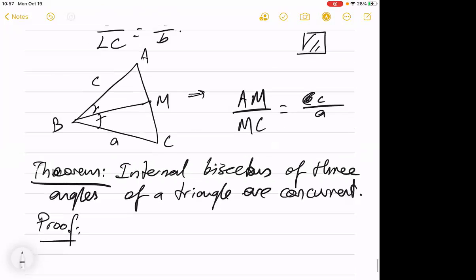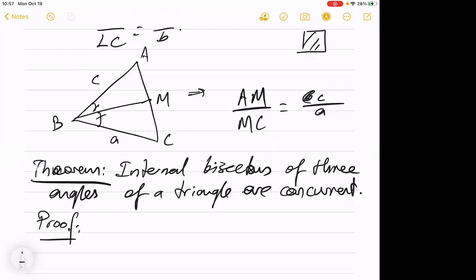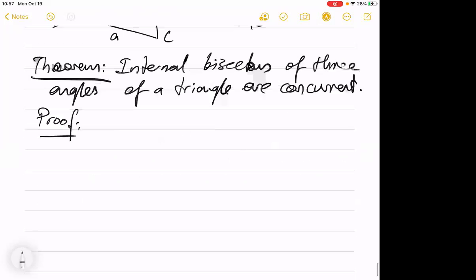I gave a proof before, but I guess we can prove it like this. Let me prove it this way.